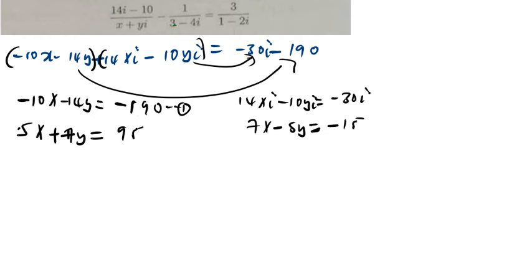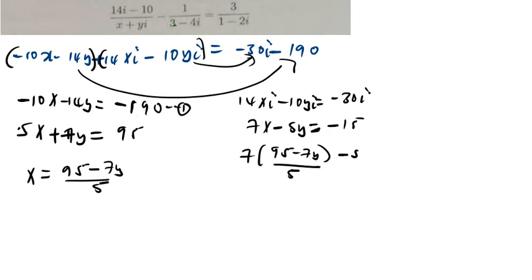Now let's try to make x the subject of the formula for the first one. x will be equal to 95 minus 7y, divided by 5. In this equation where there is x, we put that 7 open brackets, 95 minus 7y, divided by 5, minus 5y, being equal to negative 15.